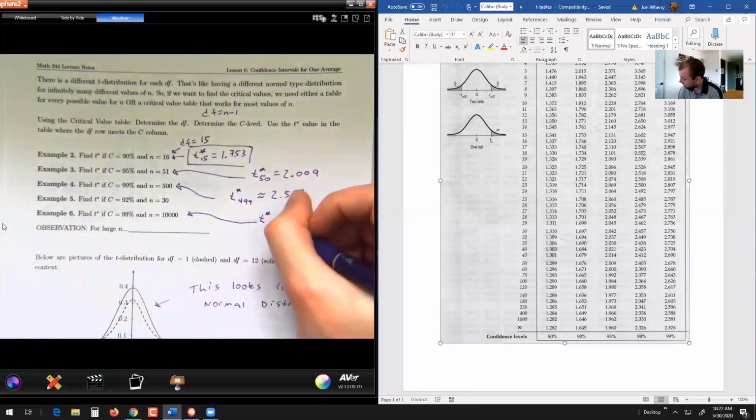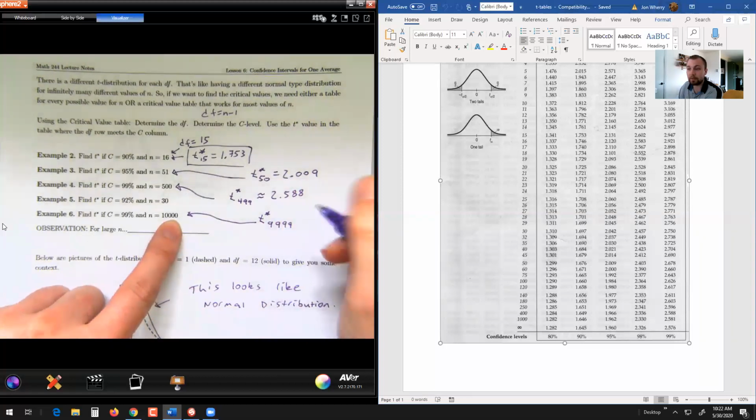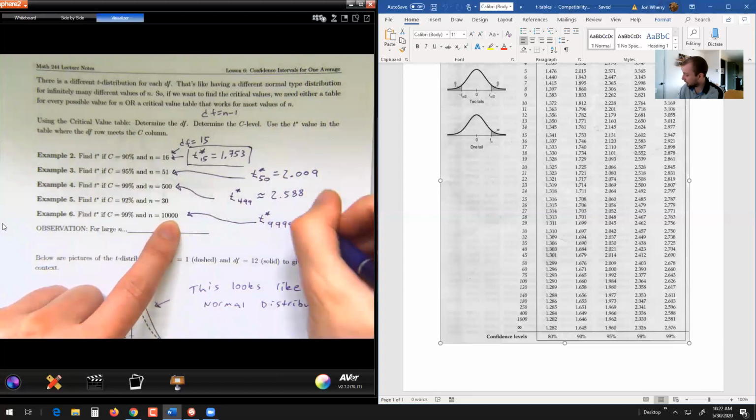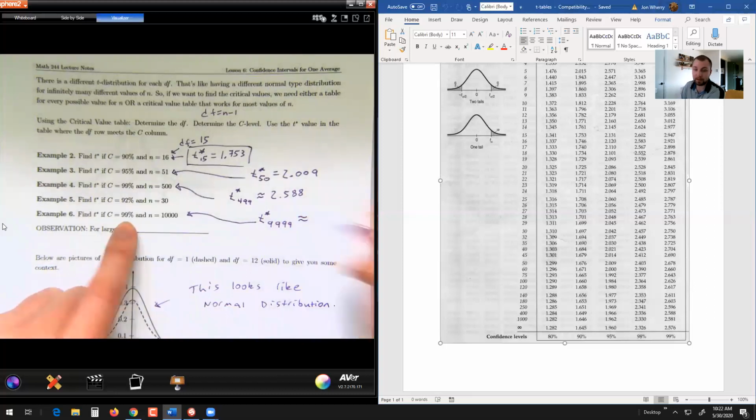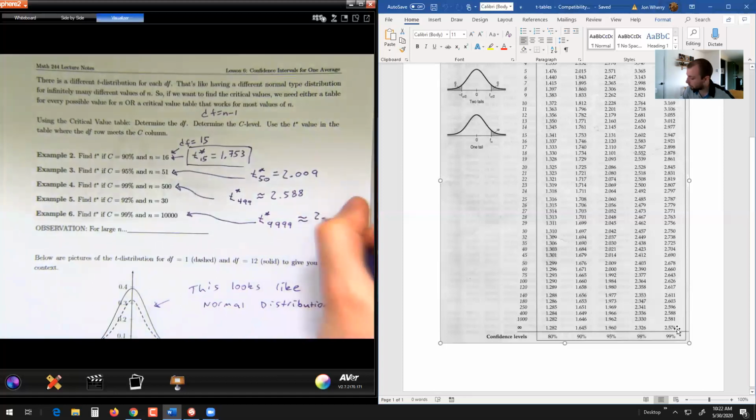One less. So I have 9,999. I think that's right. I hope you're double checking my work there. And I'm going to go to the 99% column. It's between these two values. It's really, really large. So maybe I take that larger value, 2.576.